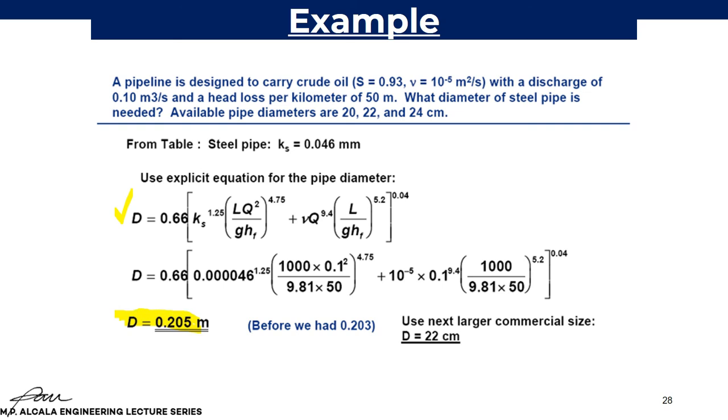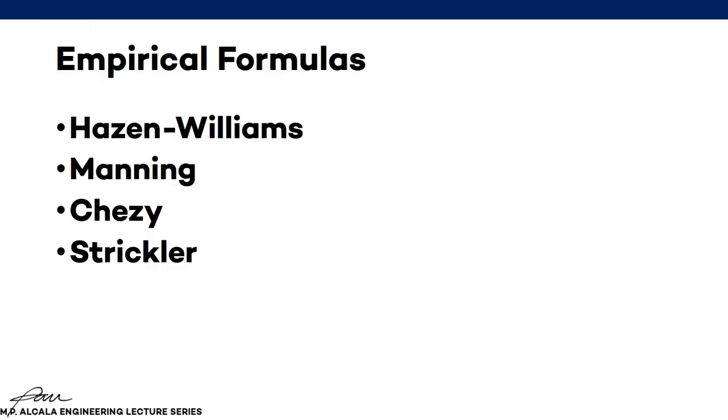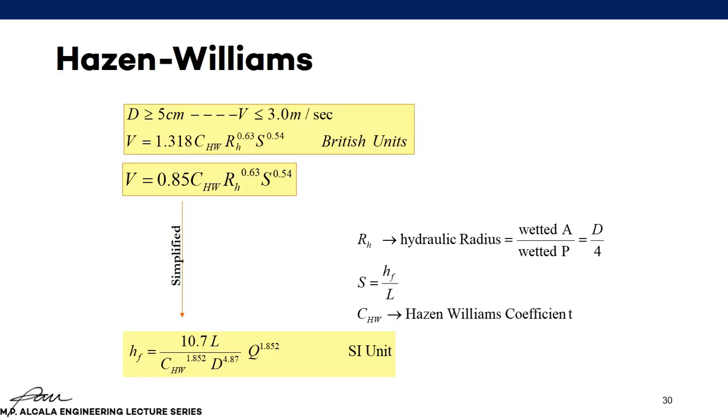Alright. Before we had 0.203. So again, use a larger commercial size of 22 centimeters. Basic. So other empirical formulas that no need to memorize, because we are much concerned with Darcy-Weisbach, but then we can also use this. Hazen-Williams equation.